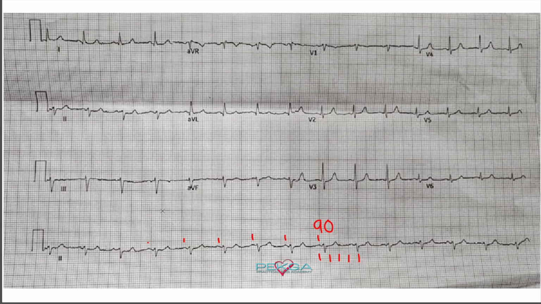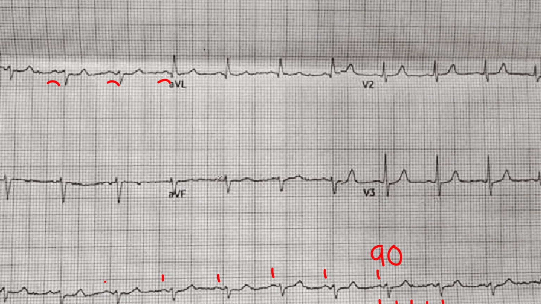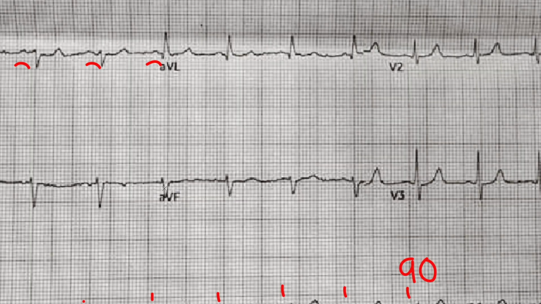Are they coming from the sinoatrial node? Let's take a look. P waves in lead 1, upright. P waves in lead 2, upright, right? See that? It's upright. P waves in aVR, inverted. P waves, I do want to take a look at lead 3 and aVF. It seems to be kind of a little blip up.